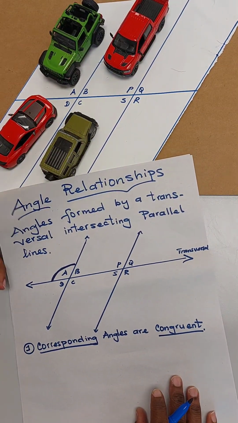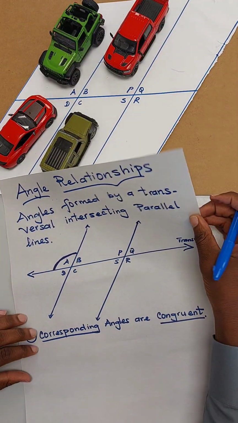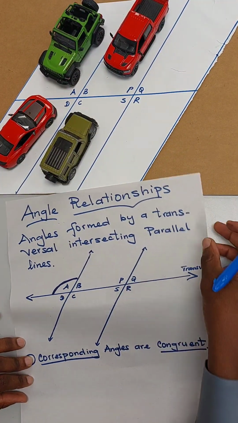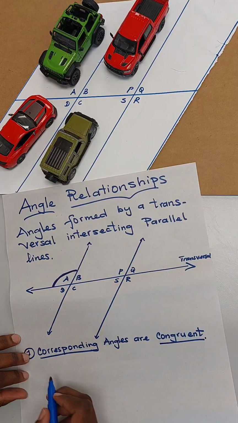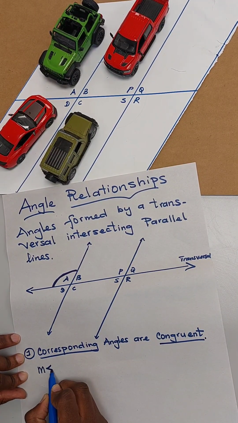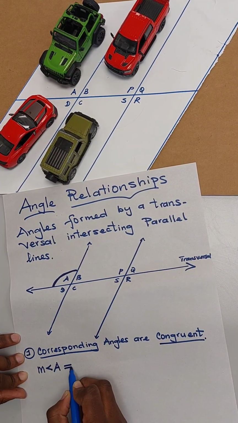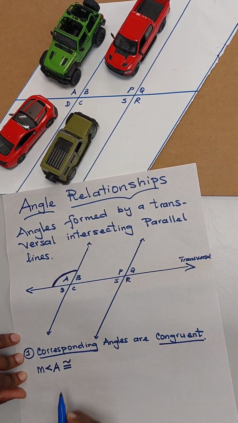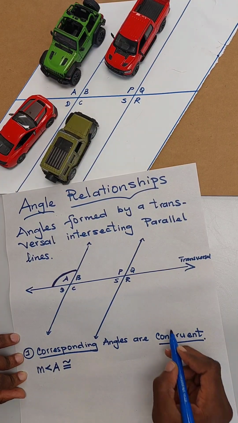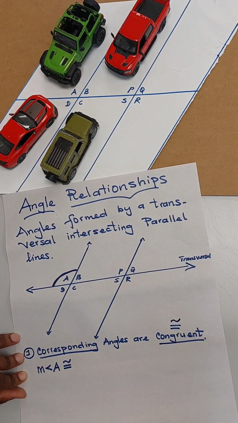So in geometry, for the corresponding angles, we will write the measure of the angle A is congruent to, and this is a symbol for the word congruent.